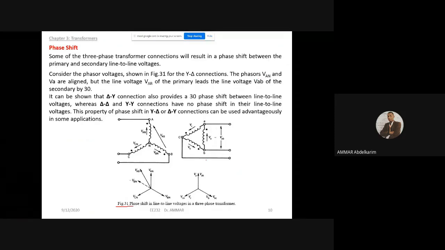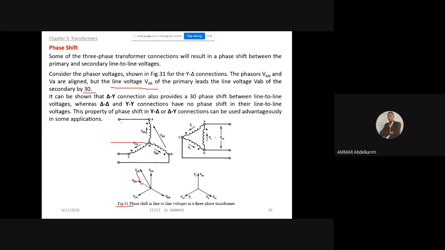Of course, VAN is the voltage phase to neutral. Here the phase voltage is in phase with the output voltage, VA. Here we have Y, and here we have a delta. While the line voltage here, VAB, is shifted by 30 degrees from the voltage of the secondary.